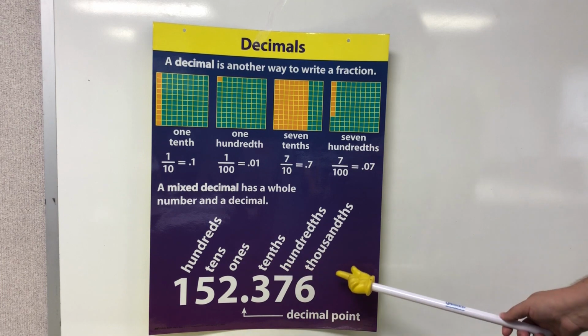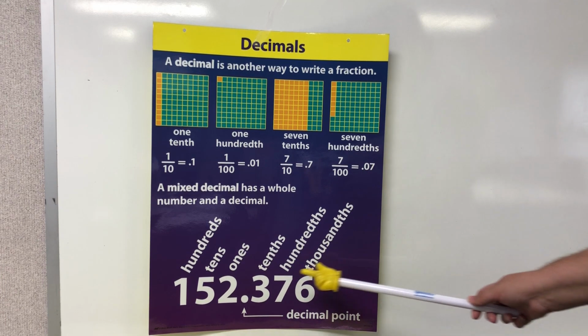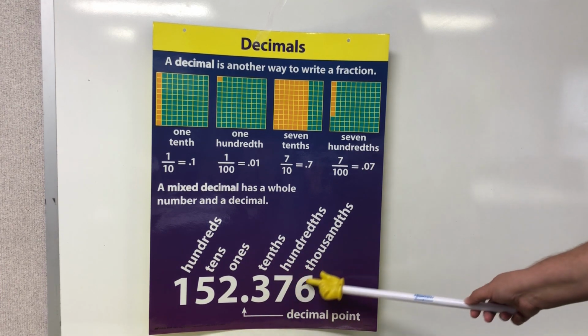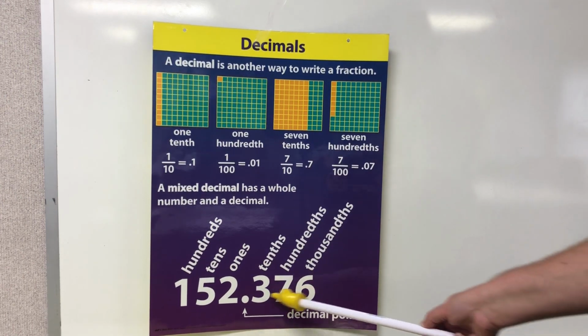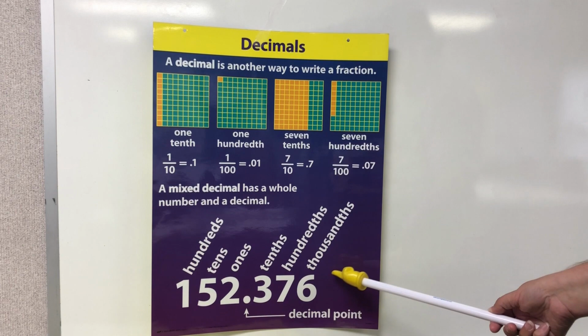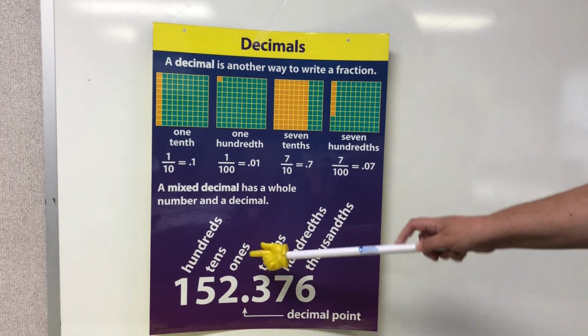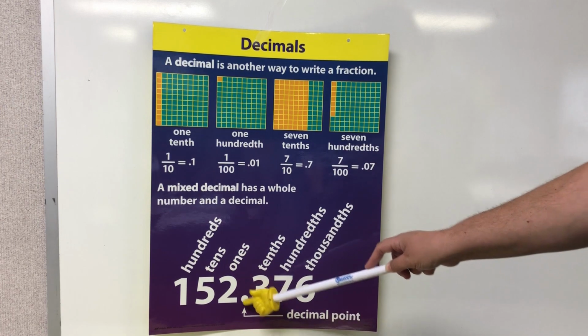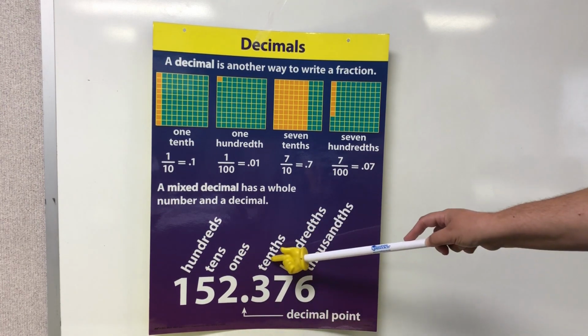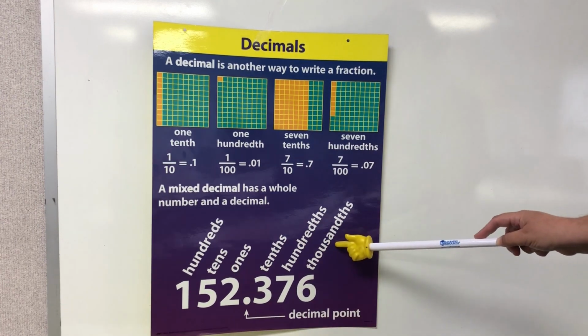And your last place value would be thousandths, reading this number, 376 thousandths. Just like we have place values ones, tens, hundreds before the decimal, after the decimal we have tenths, hundredths, thousandths.